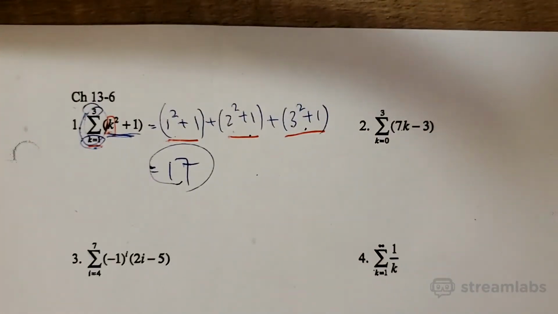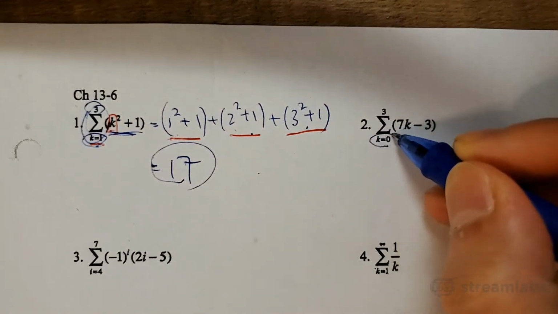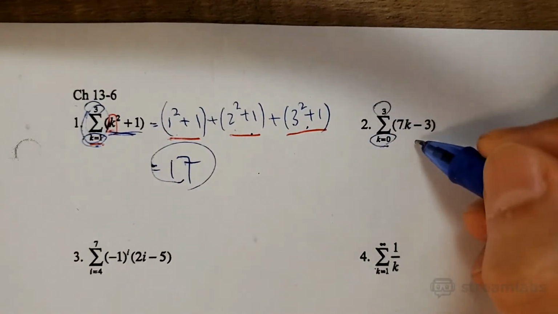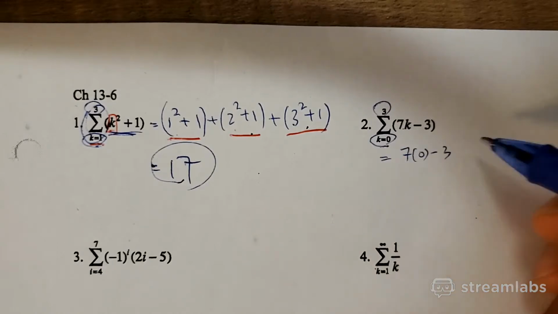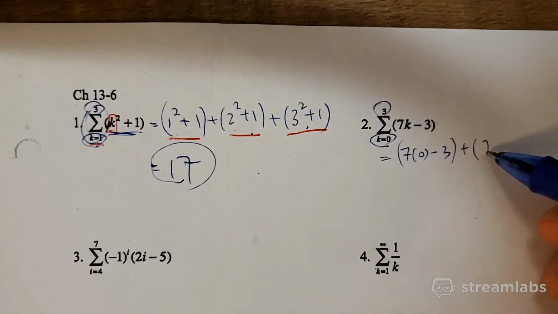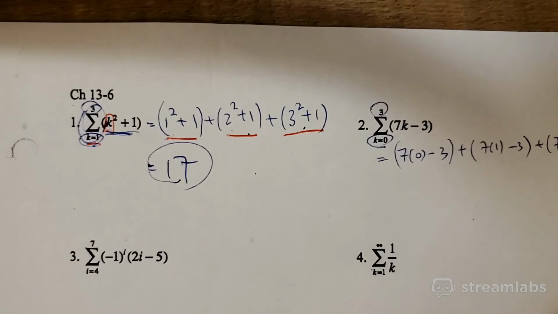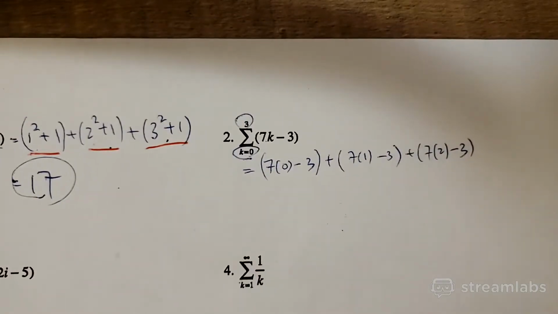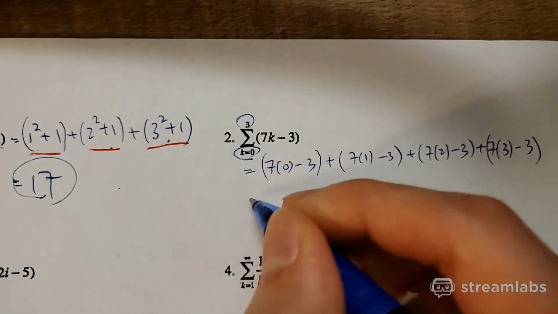Okay? Let's look at it one more. On the right side, you get that. Same thing, but this time you're starting from 0 to 3. So it will equal 7 times 0 minus 3, plus 7 times 1 minus 3, plus 7 times 2 minus 3, plus 7 times 3 minus 3, like that.